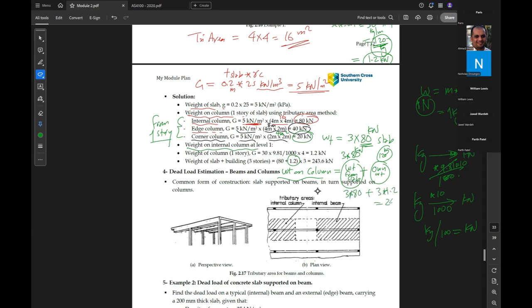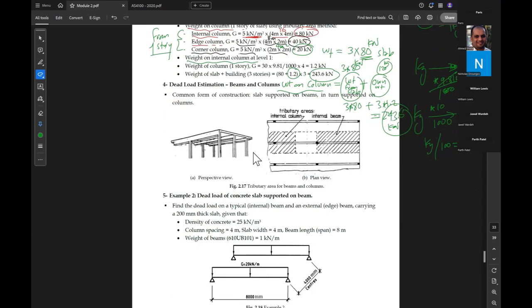This gives us a total of 243.6 kilonewton. Okay, this is the value. Is that logic? Do you have any problem with that? No issues. Okay, that's good.